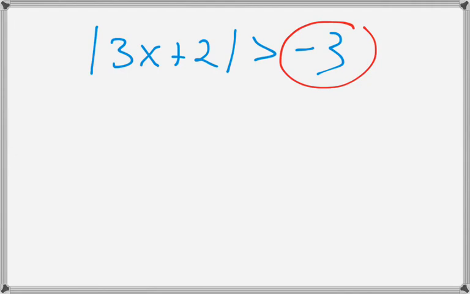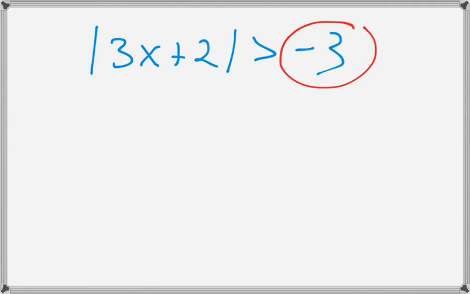So if you just cover up what's inside the absolute value there with your hand, absolute value of something is greater than negative 3. What could be inside that absolute value? It could be anything, right? Because if you take the absolute value of any number, it will always be positive or 0. So certainly it will always be greater than negative 3.